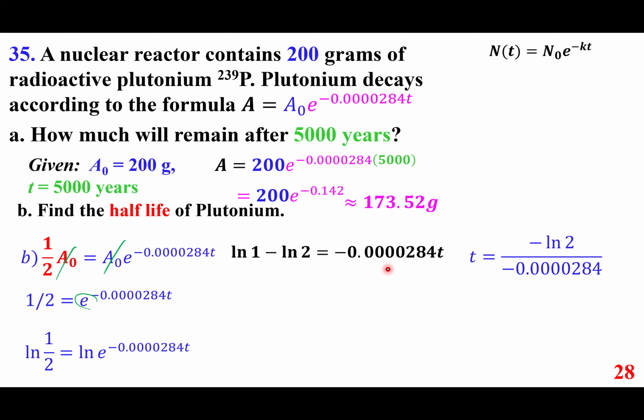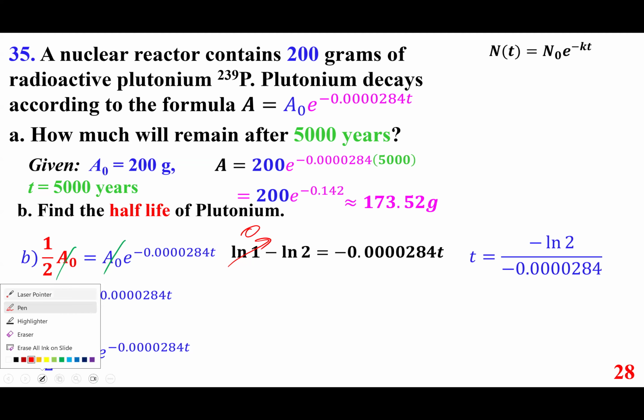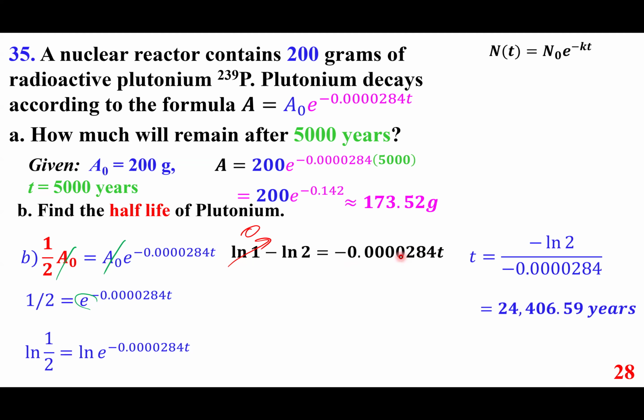So T becomes, by the way, ln1 is 0. Everybody knows that, right? T becomes the left side, minus ln2, over the coefficient of T, this number. And that gives us 24,406.59 years.